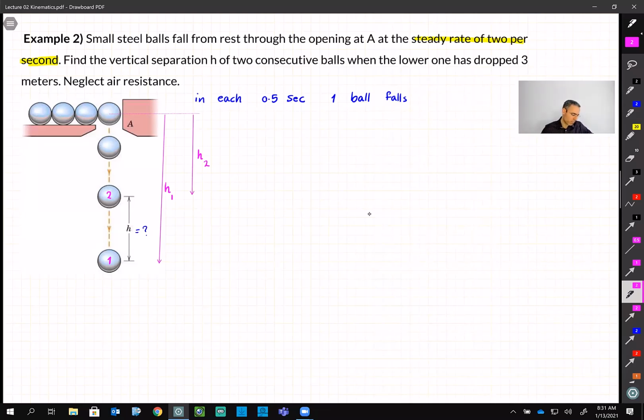Oh, maybe a typo here. 2 consecutive balls when the lower one has dropped 3 meters. No. The question asks what is h when this h1 is 3 meters? You're right. So this is h1, 3 meters. Right? Is it clear?